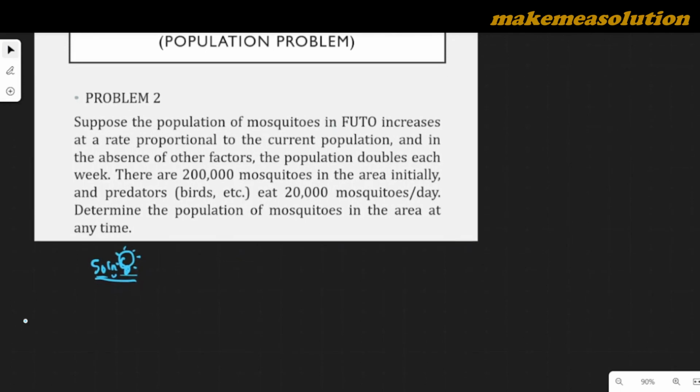But before we do that, I want you to know that for population problems, the rate of change of population is actually governed by this particular equation. That's dP/dt is governed by increase rates minus decrease rates. Okay, so this is the first thing that you assume for population problems, where P itself represents the amount of mosquitoes present at any time.